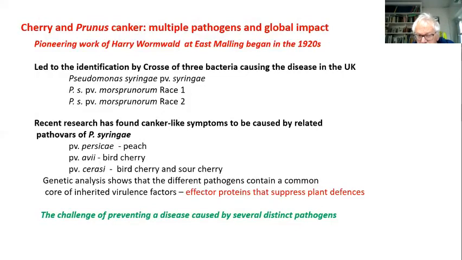So there might be a suggestion here that the bacteria have evolved by gathering together these virulence factors, which allows them to attack cherry. The challenge, of course, with a disease caused by multiple pathogens is trying to prevent it, because a resistance method or approach to control that operates against one may well not work against all the other pathovars. So it makes it tricky.